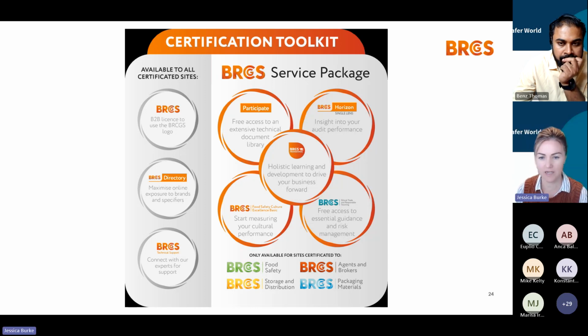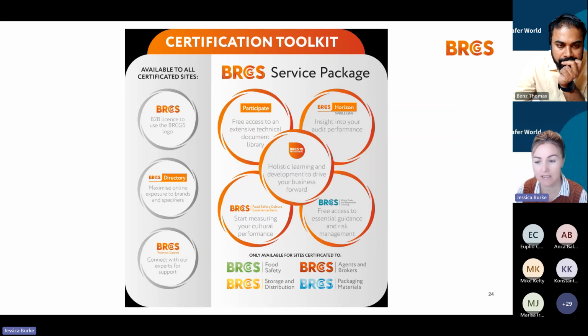And then on the right side of the infographic, you can see that sites that are certificated to food, packaging, storage and distribution, and agents and brokers, which are our GFSI benchmark standards, they get the full service package, which includes access to Participate, which you probably all know and use, and it's an online portal which offers a ton of technical guidance, informative documents, and supplementary materials.